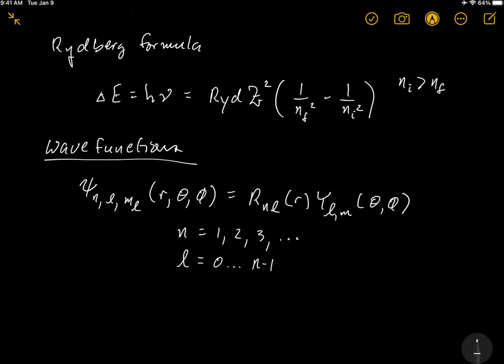For n equals 2, which corresponds to the second row of the periodic table, you start to get these p orbitals, and then in the next row, you start to get d orbitals as well, and this is related to the overall shape of the periodic table.